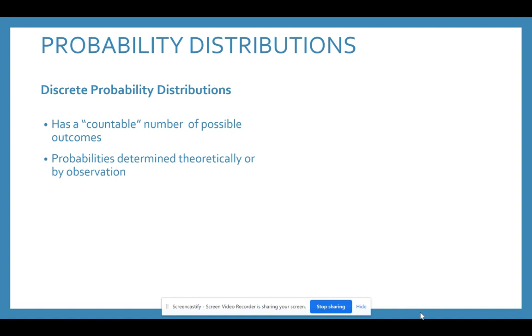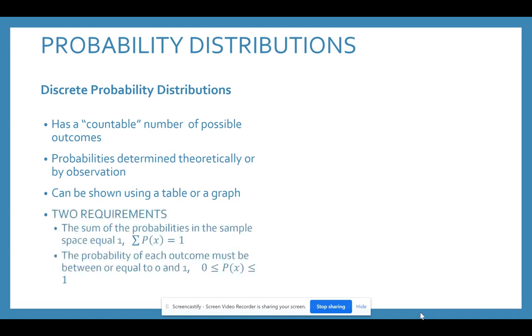Or you can also do it by observations, where you perform the experiment a number of times, like 1,000, 2,000, 3,000 times, and you base that probability on your observation. Again, we can represent that discrete probability distribution either in table form or in a graph form. But the primary characteristics of a discrete probability distribution, I guess there's really 3. One is you have that countable number of possible outcomes.